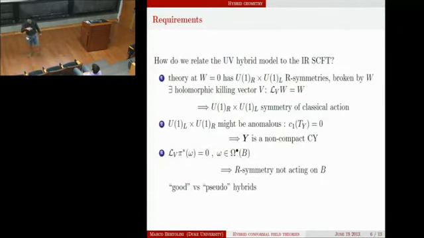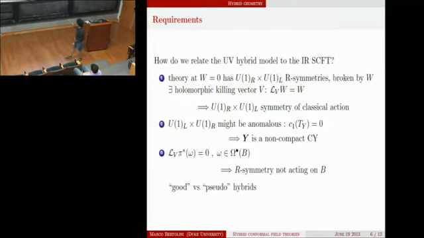We want to relate this UV theory to a low energy superconformal field theory, so we need some requirements on our setup. First, we know that the theory at W equal to 0, so if we set the superpotential to 0, has this U(1)_R times U(1)_L symmetry; those are though broken by the superpotential interaction.